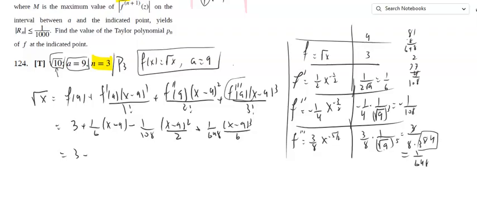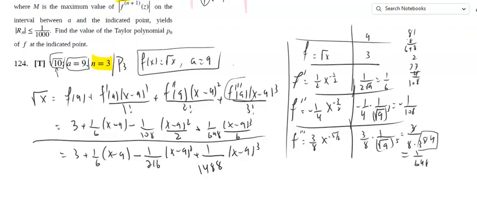So that is 3 plus 1 over 6 times x minus 9, minus 1 over 216 times x minus 9 squared, plus 1 over 3888 times x minus 9 cubed. That would be my answer.